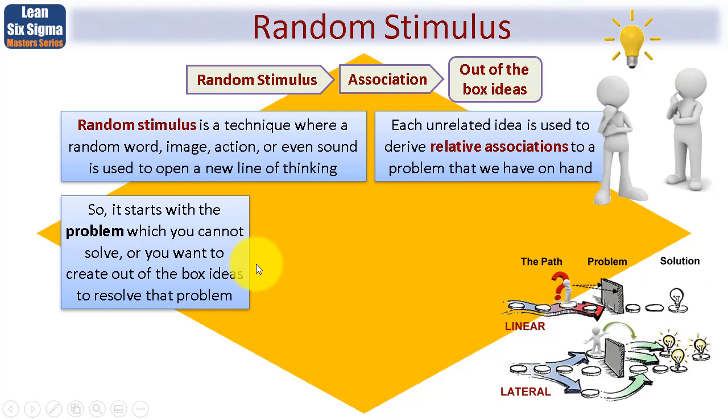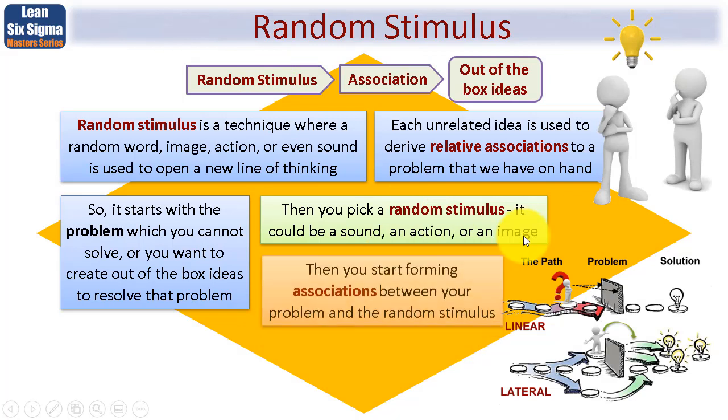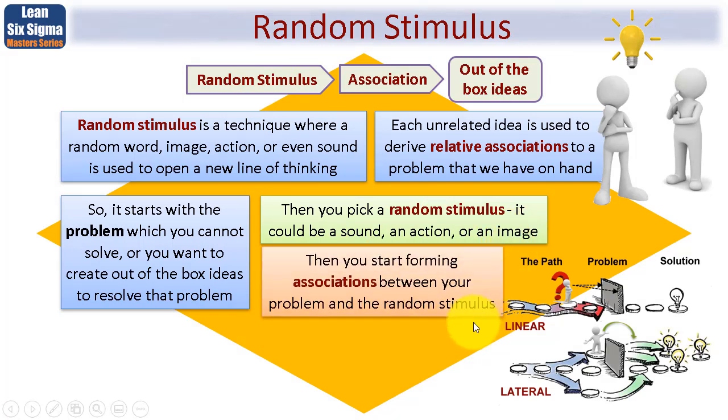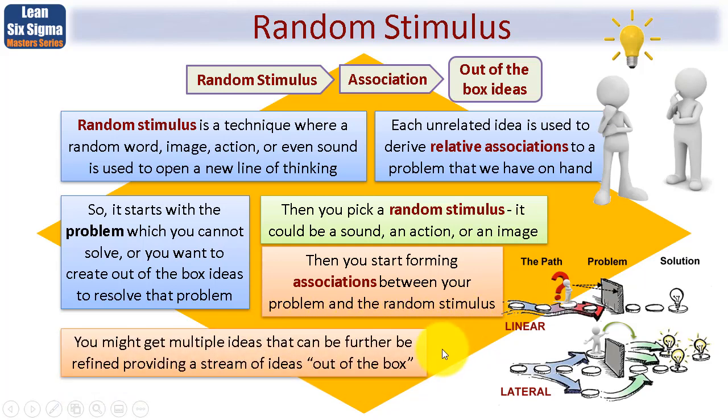Then you pick, in this case, a random stimulus. It could be a sound, an action, or an image. And then you start forming associations between your problem and the random stimulus. Now you might get multiple ideas that can be further refined, providing a stream of out-of-the-box ideas.